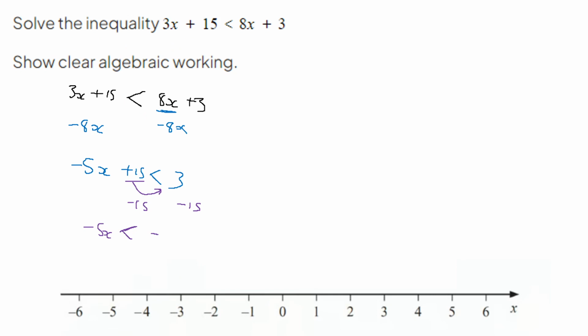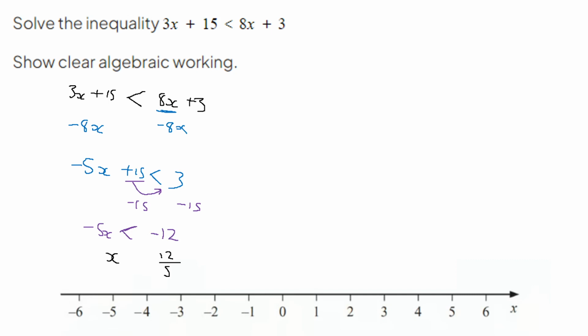Now we need to divide both sides by minus 5, right? You agree. So we're left with x is less than 12 over 5, right? Well, not exactly.